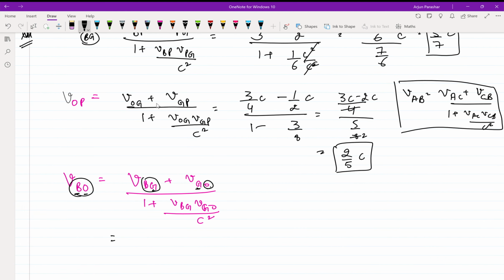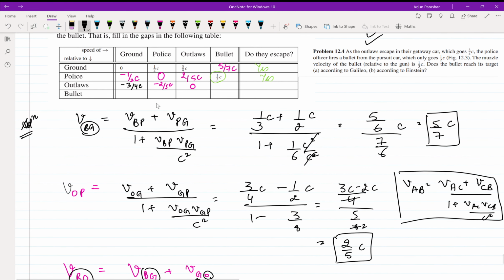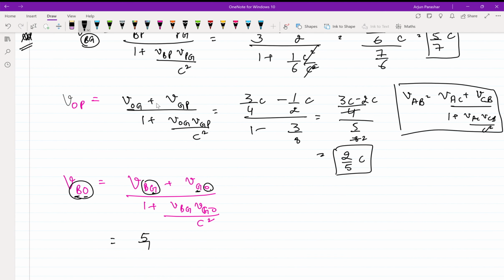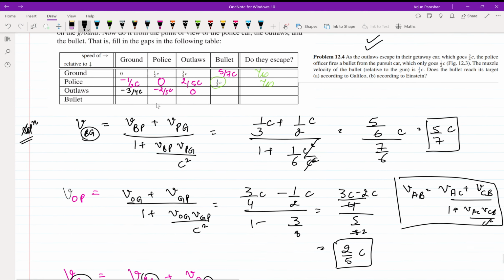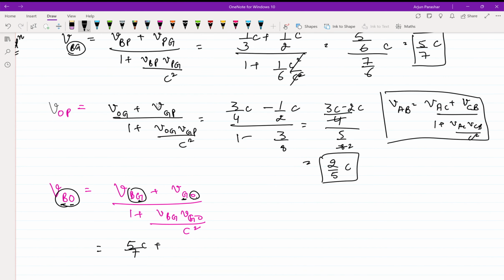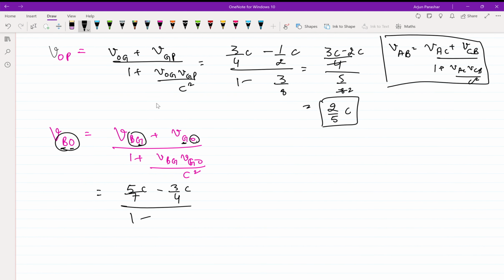So we get the speed of the bullet with respect to the ground is 5 by 7c, plus the speed of the ground with respect to the outlaws. The speed of the ground with respect to the outlaws is minus 3 by 4c. Let me plug in the values again. Minus 3 by 4c divided by 1 minus 15 by 28.